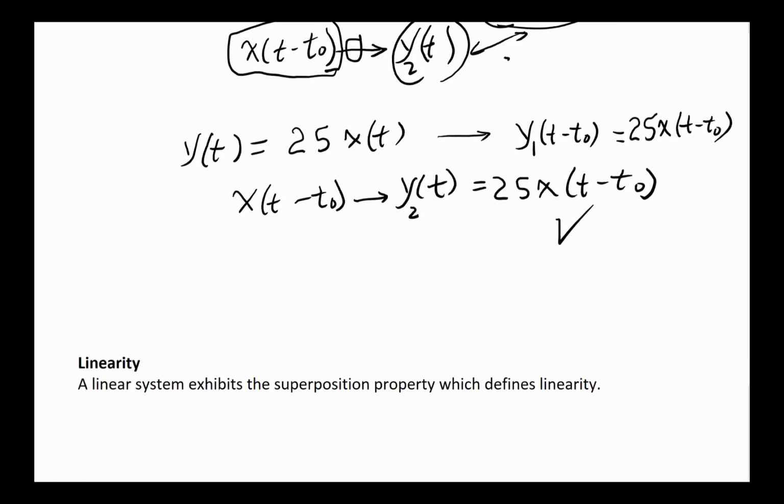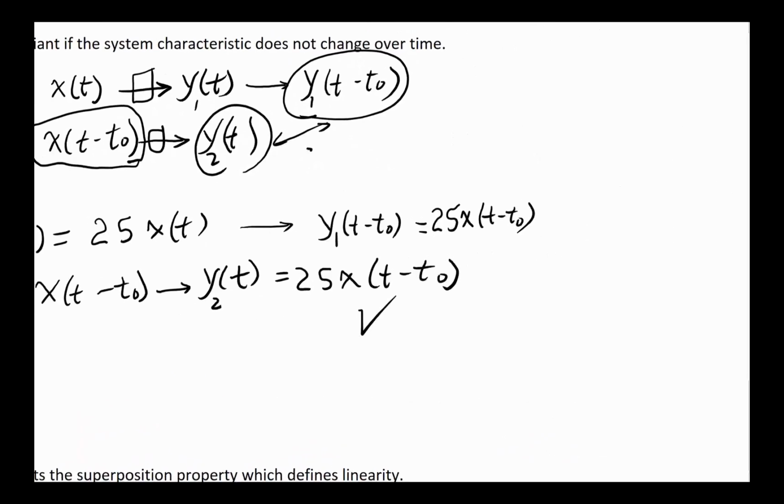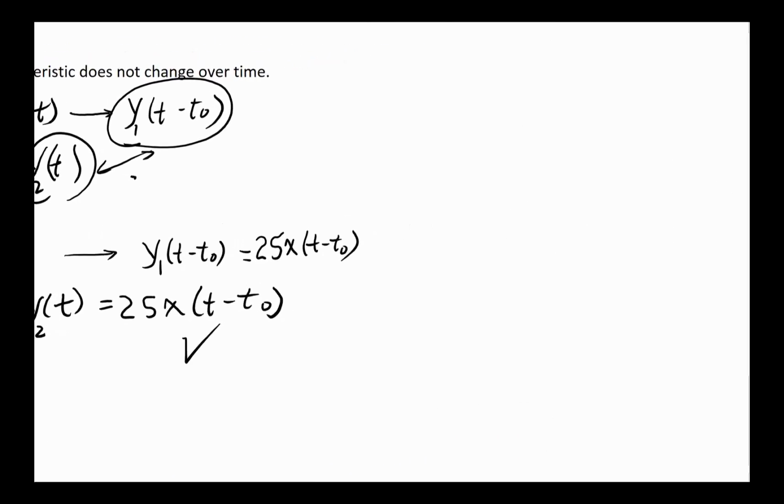Now, how could I make this similar system time variant? Relatively easy.